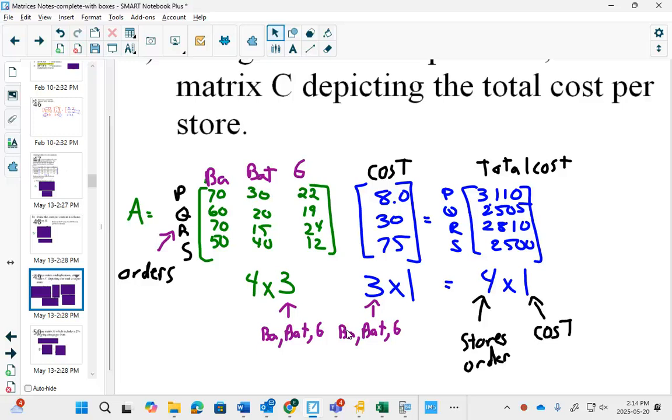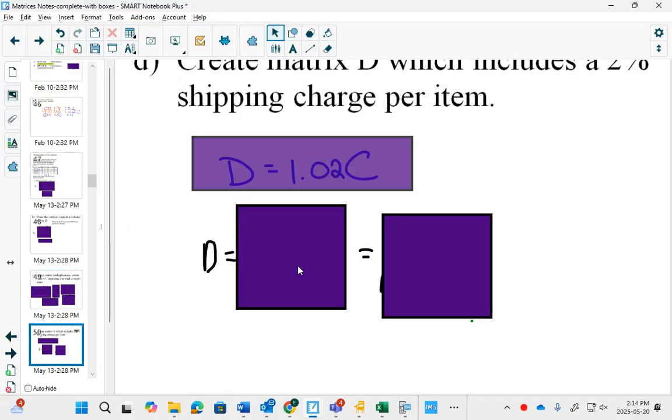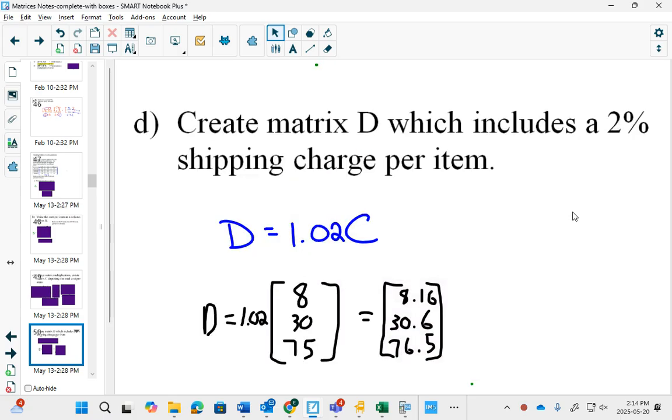Let me know when you're done, Jeff. And then you need to see this one for a bit more too then? Yes. So per item, now the cost is increased.